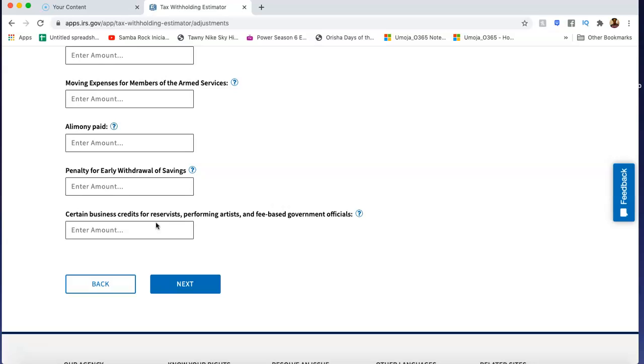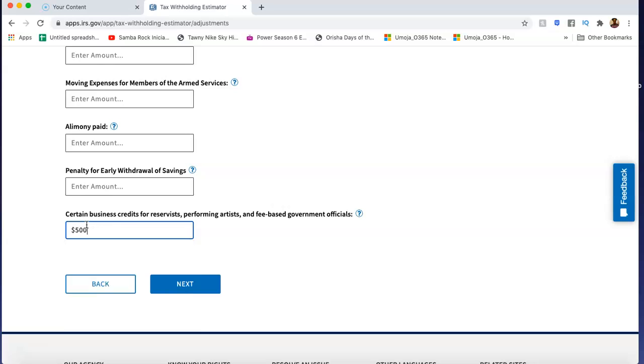My cell phone, my internet, my electricity, my heat, all the things that go into my household expenses, those are now going to count as business expenses because I have a business. So, usually it comes out to way more than this, but let's be very, very mild. So let's just say you had about, let's say $5,000. Just be real, real mild. This makes no sense, but this is what we're gonna do.